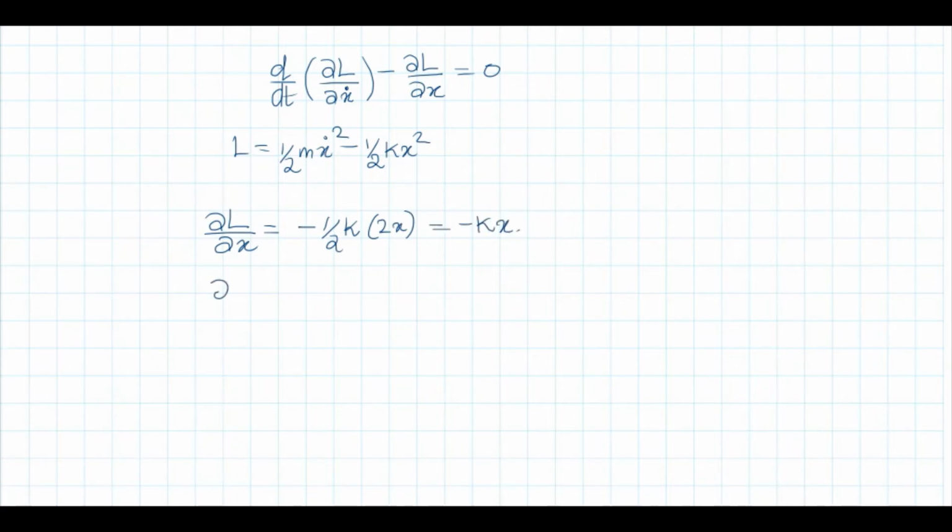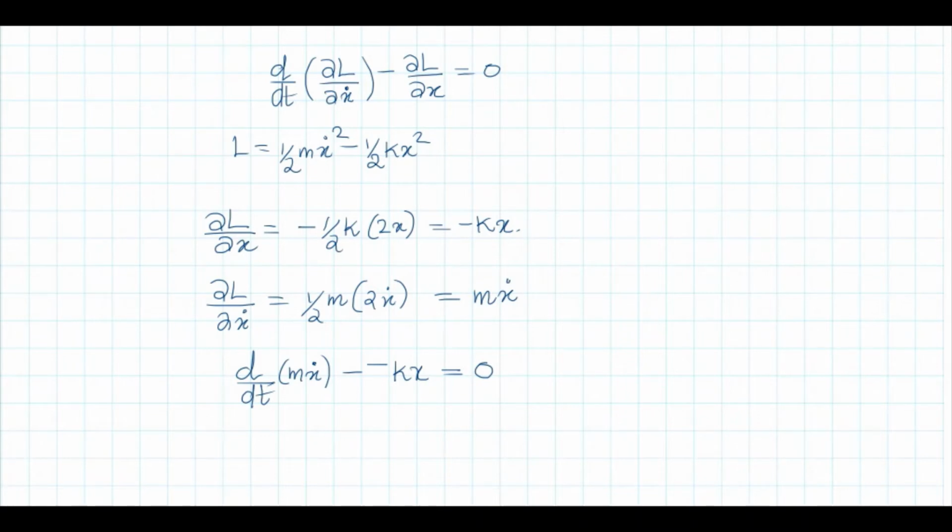What is dou L by dou x dot? The first term will give you half m into 2x dot, so that is nothing but m x dot. The second term will vanish because it doesn't have any x dot dependence. Substituting back in the original equation, d by dt of dou L by dou x dot is m x dot, minus dou L by dou x, which is minus kx, equal to 0.